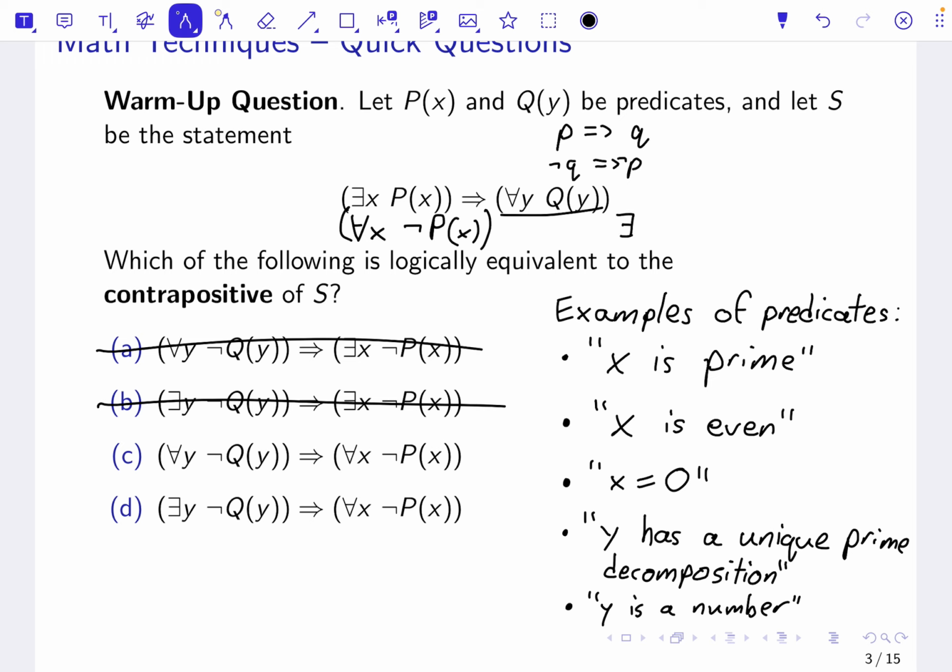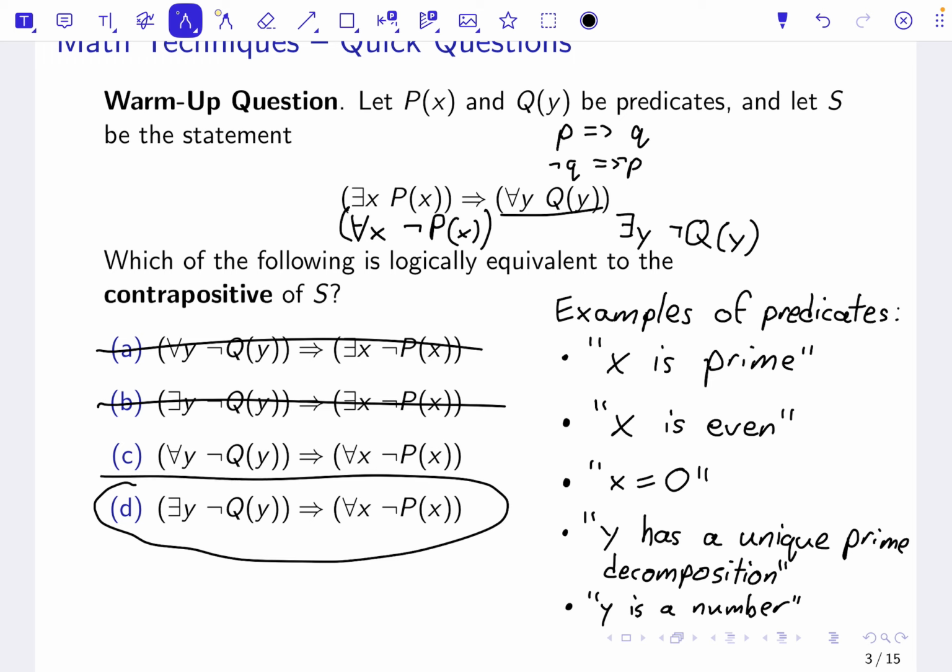So to express that, we use the existential quantifier. There exists a y such that the predicate is not true. I know it's this one because it has an existential quantifier. Woohoo!